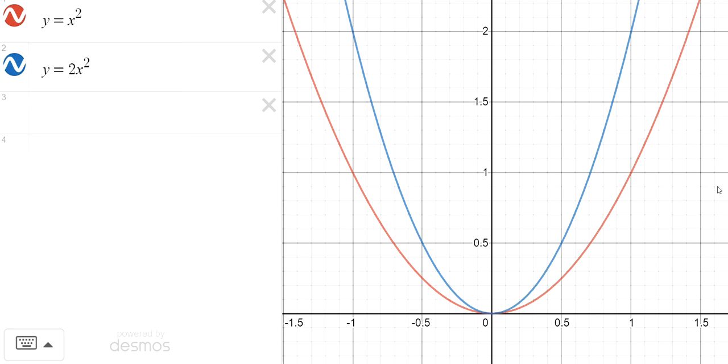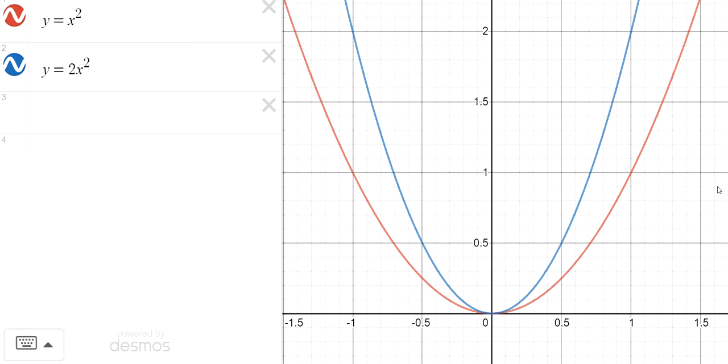For the same x value of 1, for the blue graph, 2x squared, so 2 times 1 squared, isn't it? So 2 times 1 times 1 is? Thank you very much. So the answer is? 2. When x equals 1, y equals 2. And that makes it narrower.